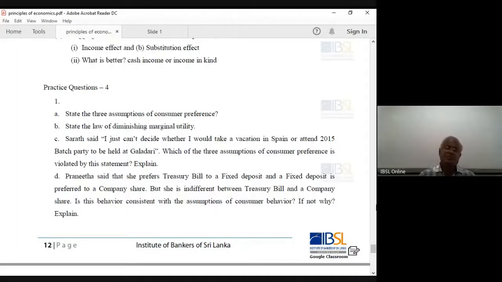So if you prefer to go to Spain, Spain is now ready to receive you, but be careful about COVID. COVID is still there. Health expenses in most of these countries are very expensive. Even Dubai has no free health like Sri Lanka.